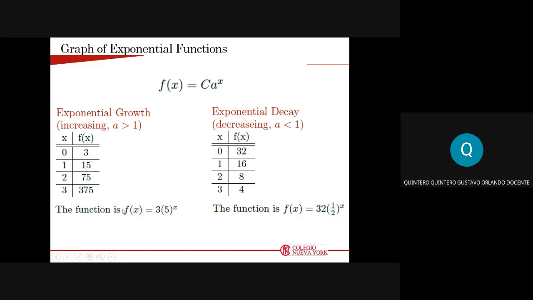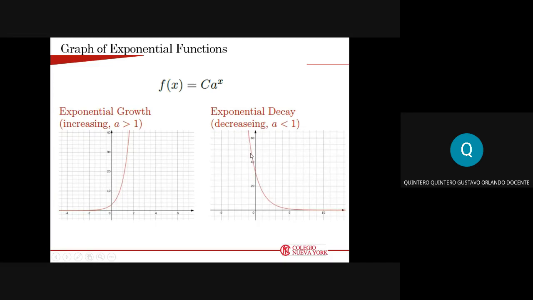All right, but how do the graphs of this look like? The graph of the first one looks like this, and the graph of the second one looks like that. Look, for exponential growth, every value of the function is going up. So it makes sense that the function increases from left to right. Some of you might say, teacher, if I look at the function from right to left, the line goes down.